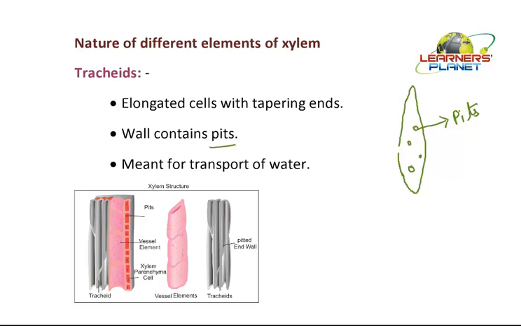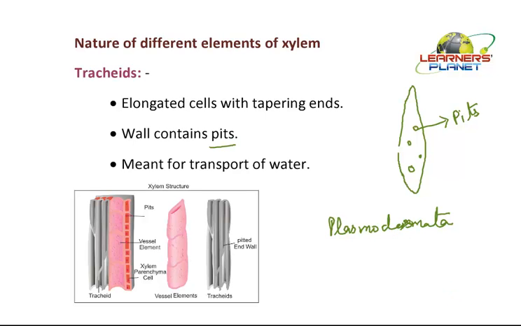Actually, if you remember, we have studied plasmodesmata. Remember when we were studying the cell wall? We highlighted this particular structure. Plasmodesmata are basically the gaps present in the cell wall.